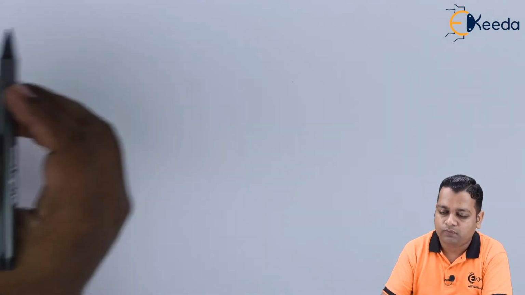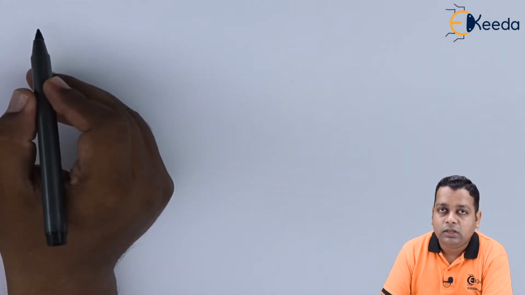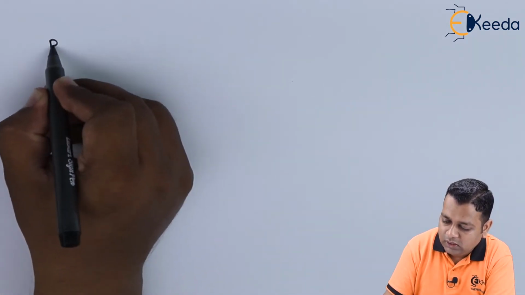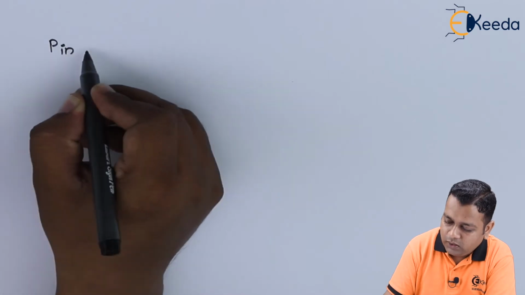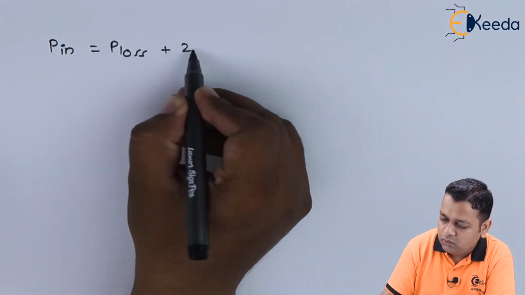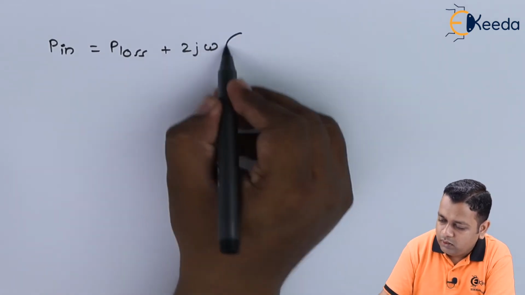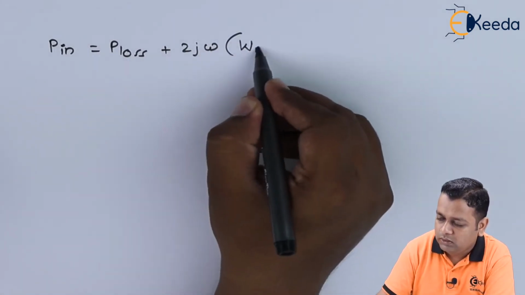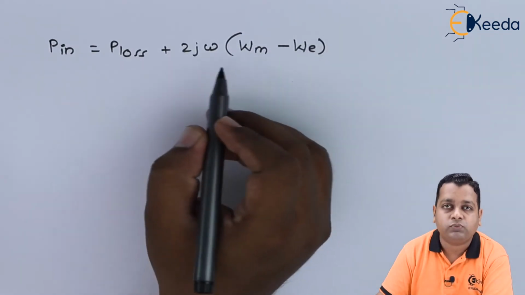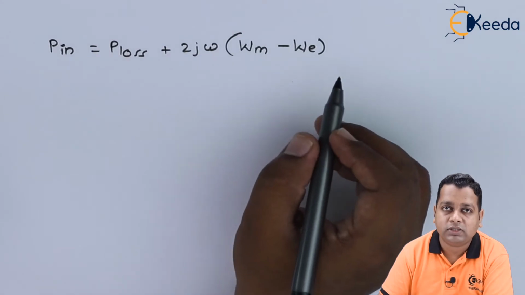Now the complex form of the power that we represented in the earlier equation can be rewritten using the previous a, b and c parts of equation number 3. So P suffix in is equal to P loss added to twice of j omega multiplied by the difference of energies, W suffix m minus W suffix E, corresponding to the magnetic and electric stored energies.